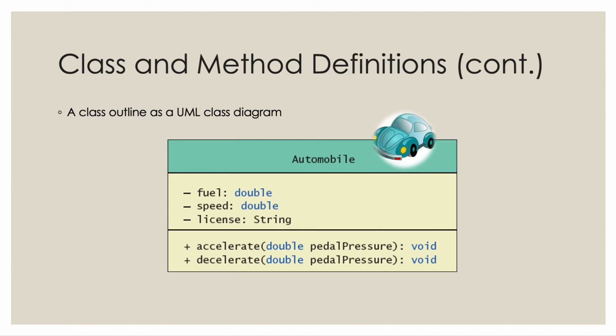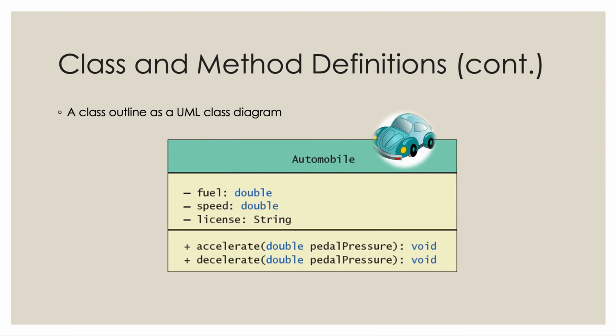That is where the parameters go. Each one of them has 1 parameter. So here, double pedalPressure. PedalPressure is a parameter of type double for method accelerate. And after these methods, as you see, a colon and void.